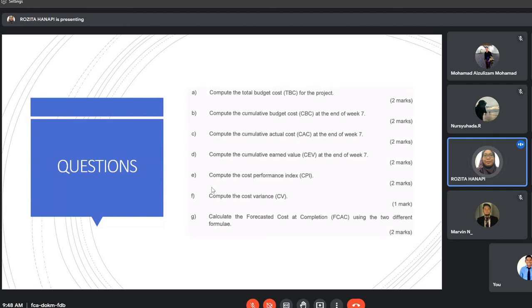And then for the other method, this one is the first method. The second method is FCAC equals CAC plus TBC minus CEV. So for the second method, CAC is 903,000. TBC is 905,000.